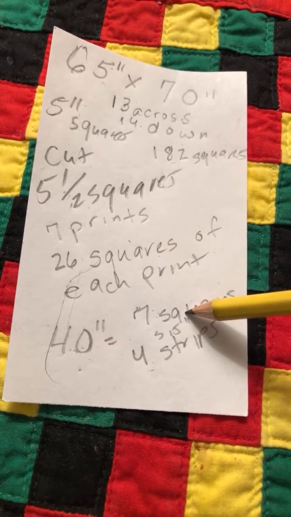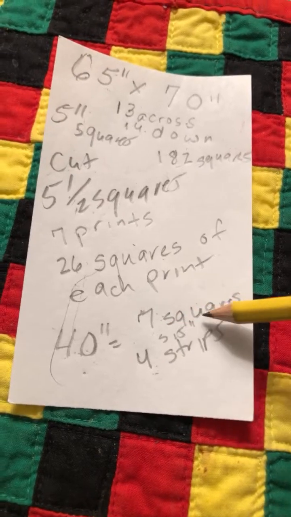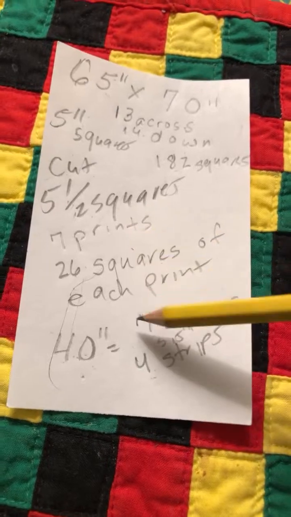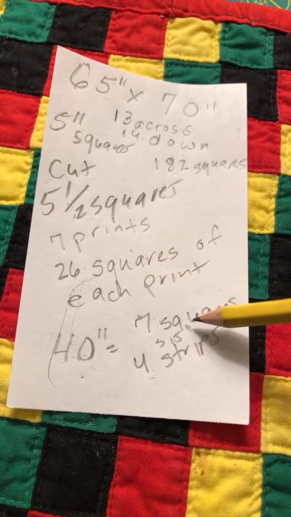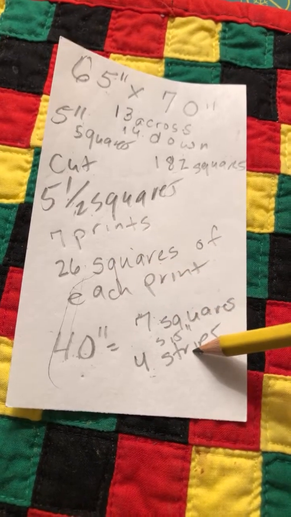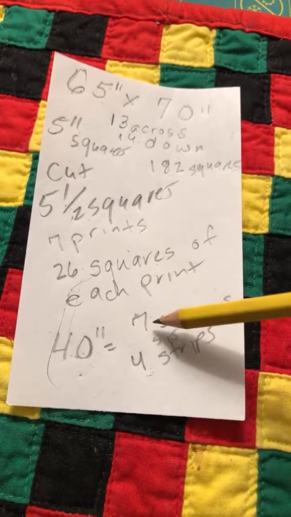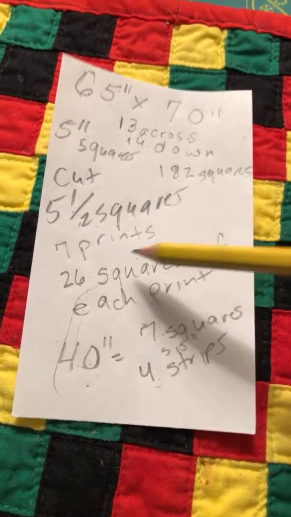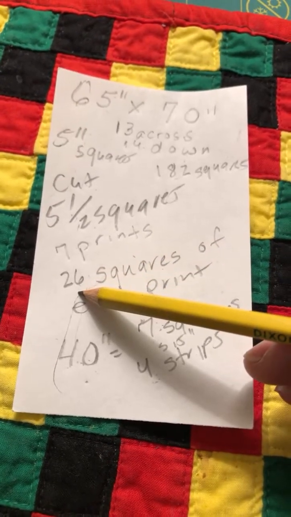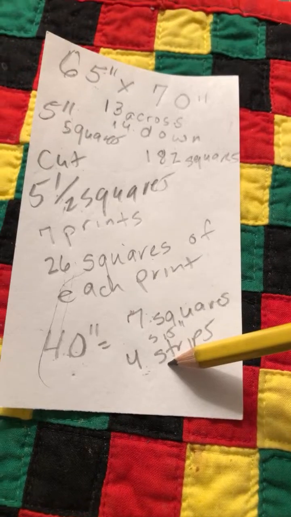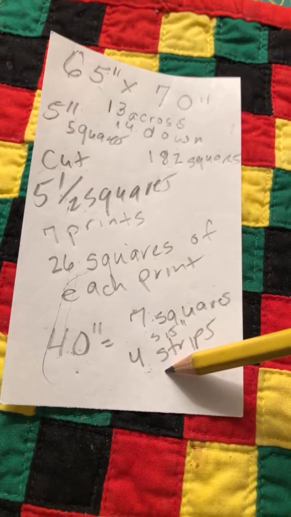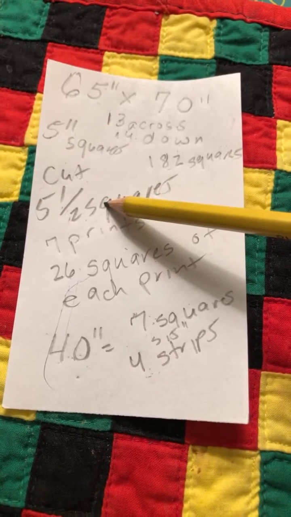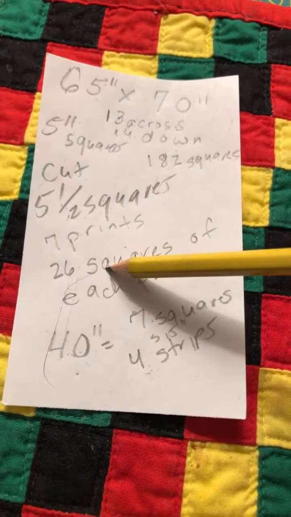So we would end up needing 4 strips. And 4 times 7 would be a total of 28 squares, but we will only need 26 of those squares. So for this print, that means we would need 4 5.5-inch strips of fabric to get the 26 squares.